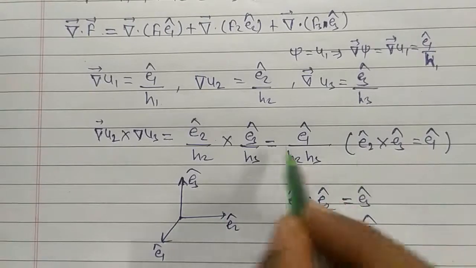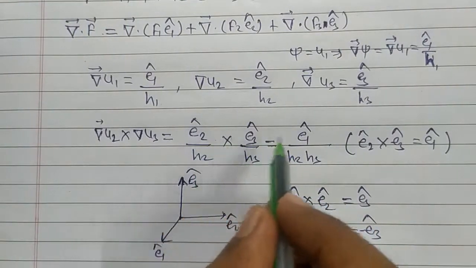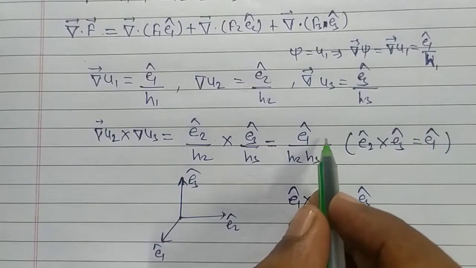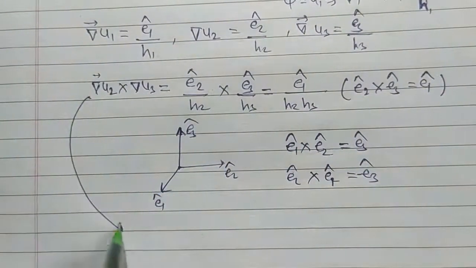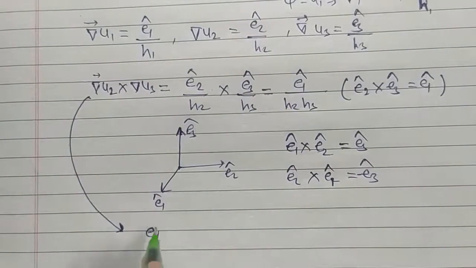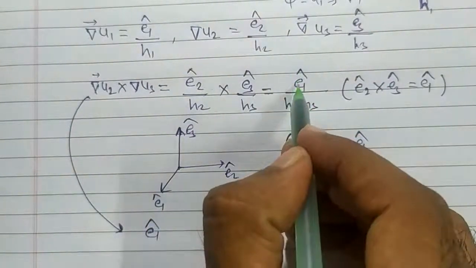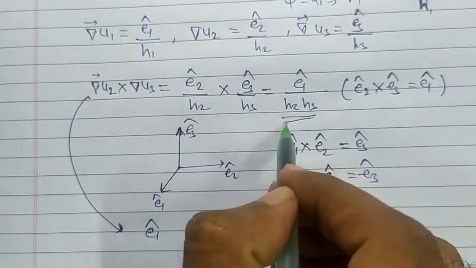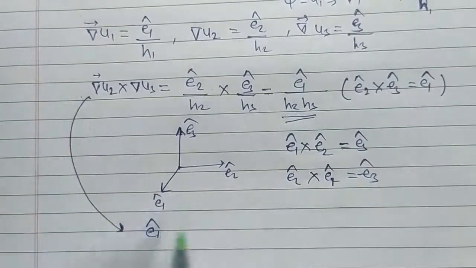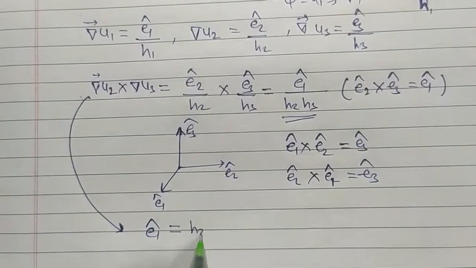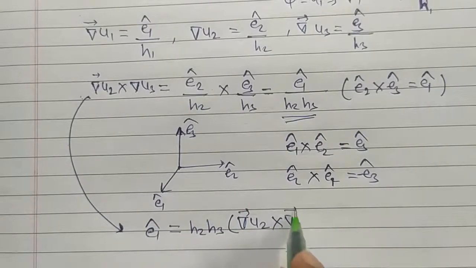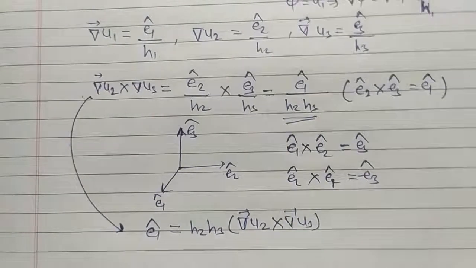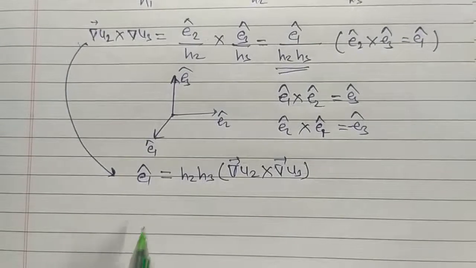That is how we take the cross product here: e2 cross e3 is equal to e1 cap. From this I can write e1 cap equals h2 h3 del bar of u2 cross del bar of u3. So this is for e1.